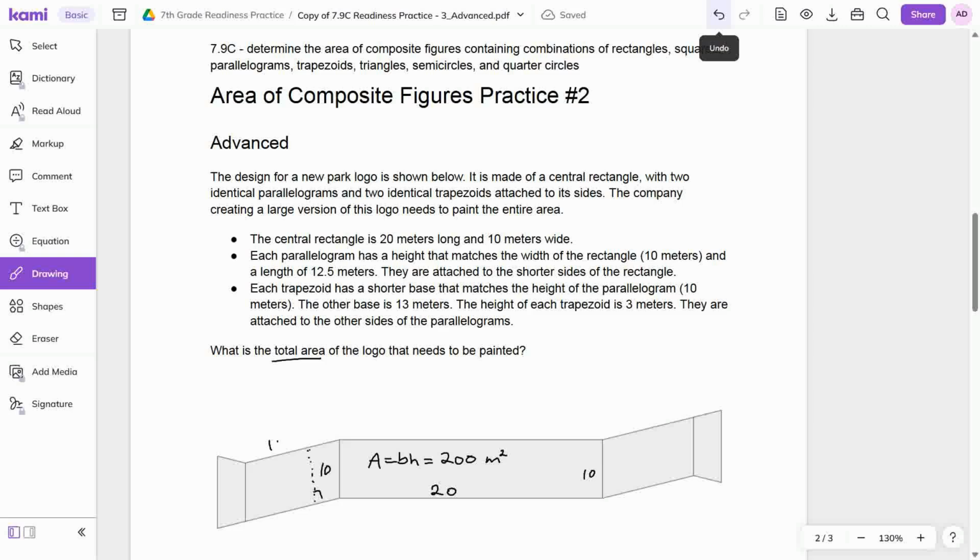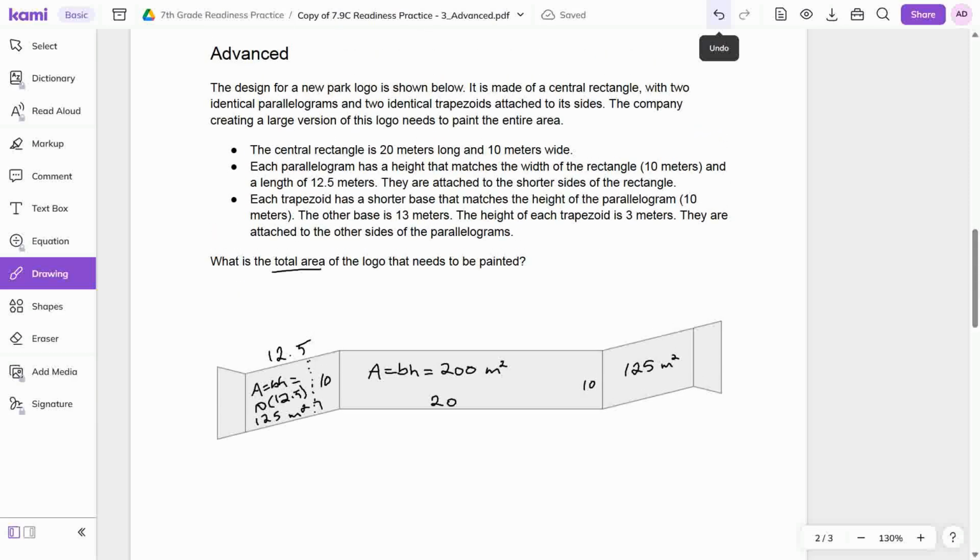All right, so I'm going to mark that up here. Now we also have a base times height. So area equals base times height equals 10 times 12.5. So we're dealing with 125 square meters. I can put that over here as well. 125 square meters. Now let's look at our trapezoids.